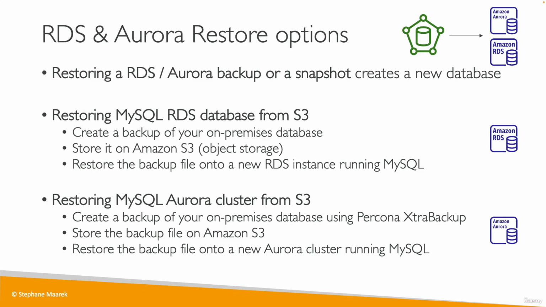So the difference here is that for restoring into RDS MySQL, you just need a backup of your database. For restoring into Aurora MySQL, what you need to do is a backup using Percona XtraBackup, and then from S3 into your Aurora DB cluster. Okay, so those are restore options for either the snapshots or the database dumps onto Amazon S3.